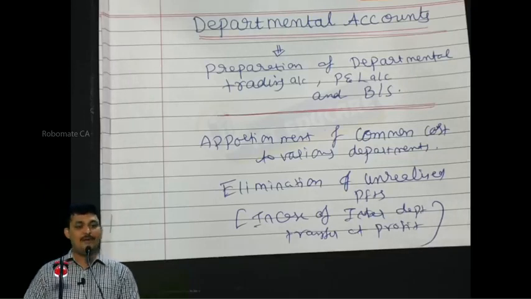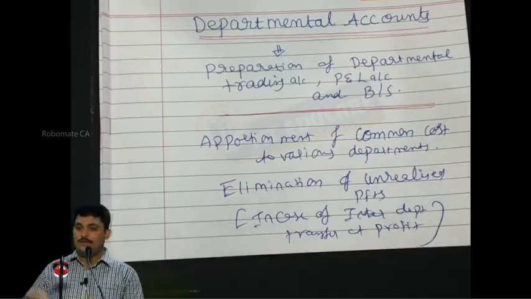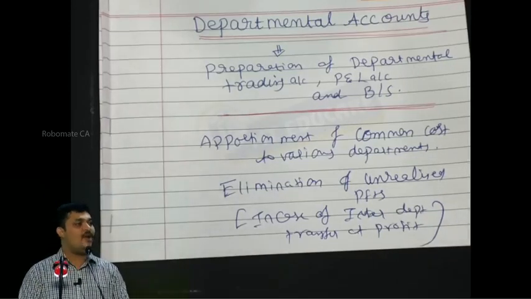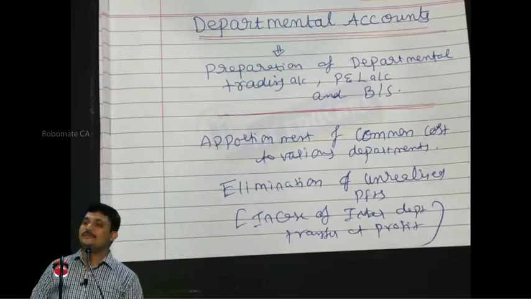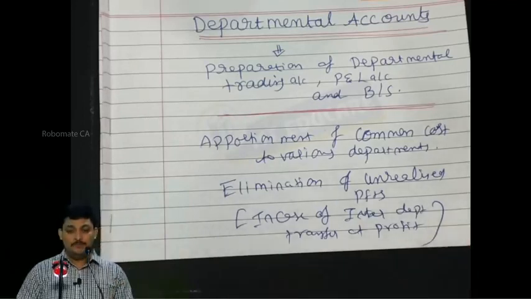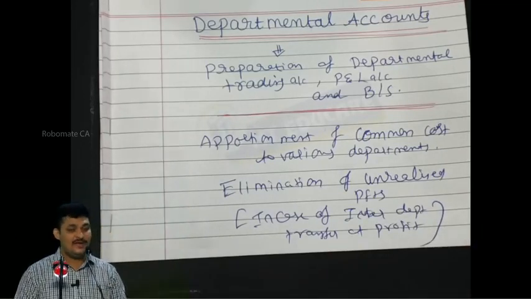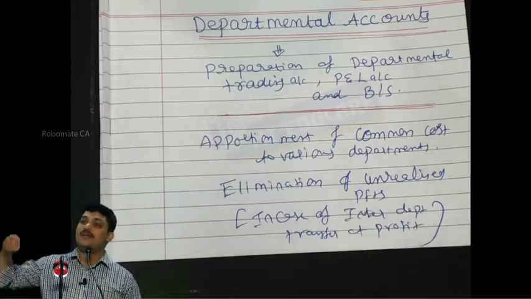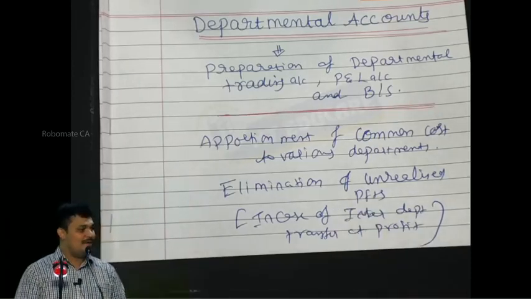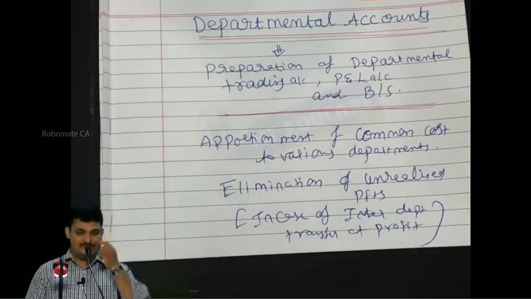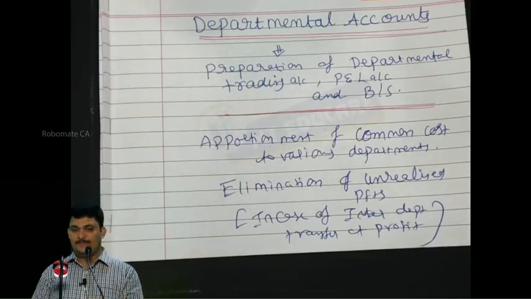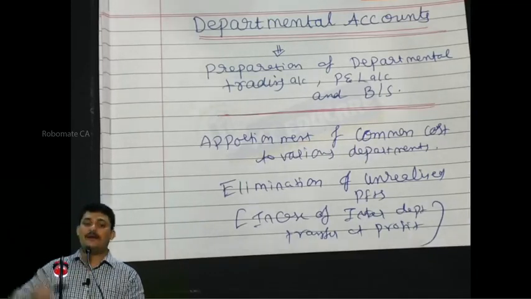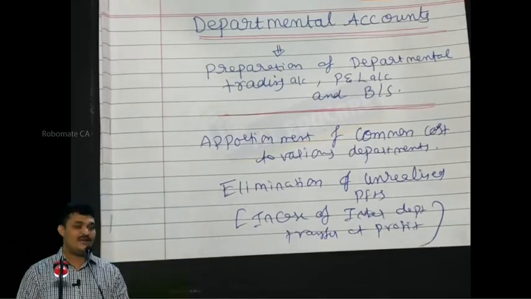In the absence of information, such profit will be the realized profit, and it is not the profit which is booked by the departmental accounts. It has to be based on the realized profits of the business, because the business can't give the remuneration on the unrealized profits. So in such cases, the unrealized profit, that is stock reserve, shall be eliminated only in the concerned department, that is the transferor department.